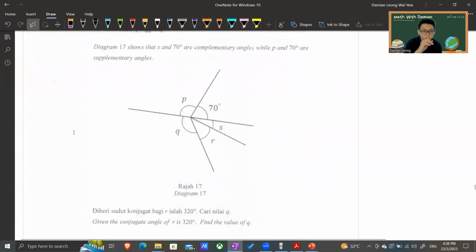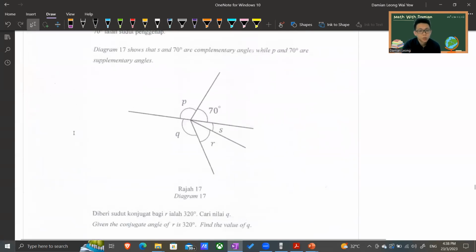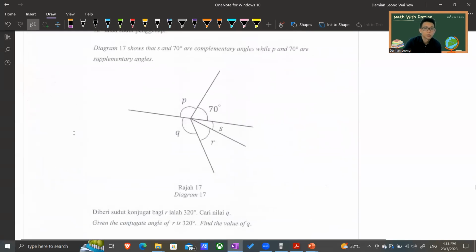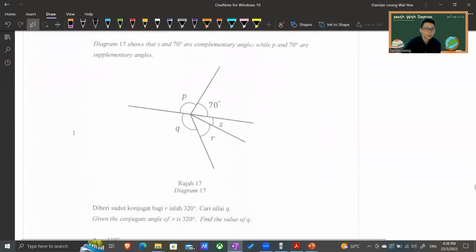Question 30. Diagram 17 shows S and 70 are complementary angles while P and 70 are supplementary angles. Given conjugate angle of R is 320, find the value of Q. So what are complementary angles? And supplementary angles.